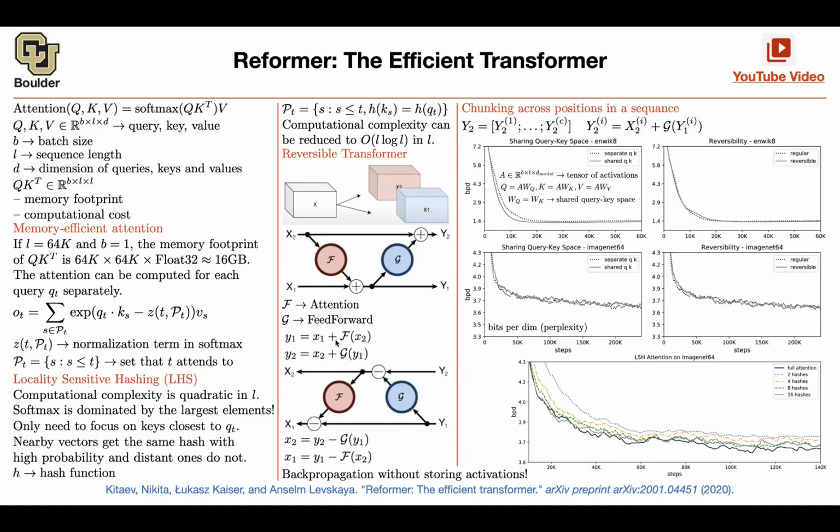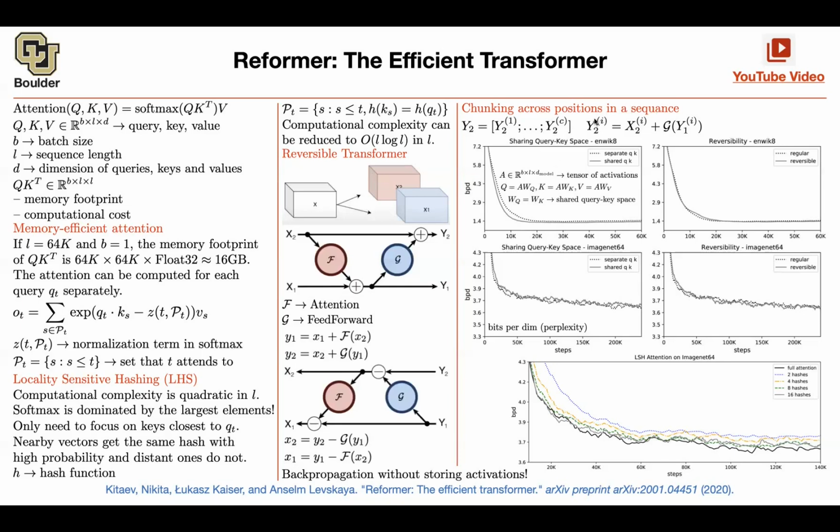Because now that you have this nice formula, y1 is equal to x1 plus f of x2, y2 is equal to x2 plus g of y1. You don't need to store y1 and x2 anymore. You can just compute them whenever you need them. And whenever you're going backward, you know y1 and y2. And from those two, you can actually compute x1 and x2. You don't need to keep them in memory anymore.